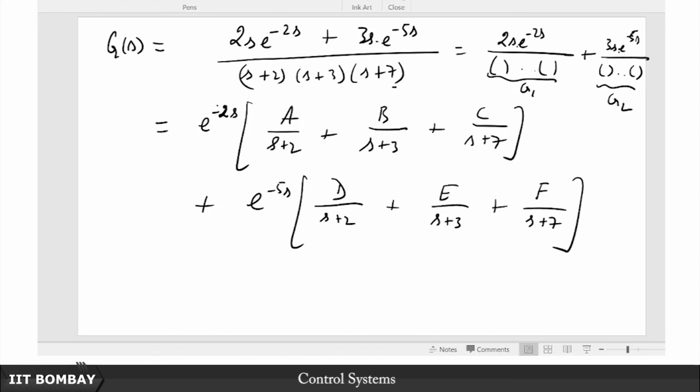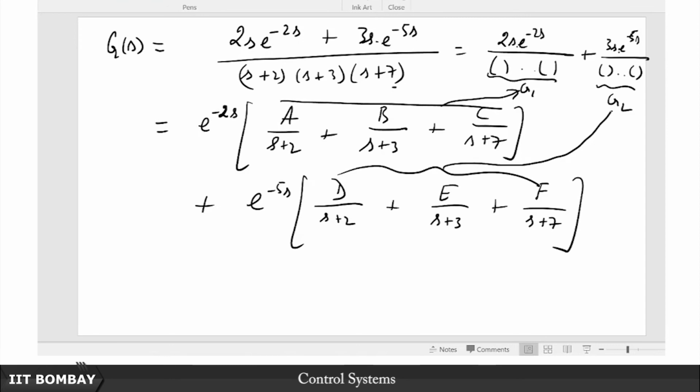Now forget about the fact that you have these time delays making their appearances here. Treat this as if this is the partial fraction expansion of G1 and treat this as if this is the partial fraction expansion of G2. Remember that G1 and G2, of course, are sans this time delay here. So when I am saying G1, I am only referring to the rational part.